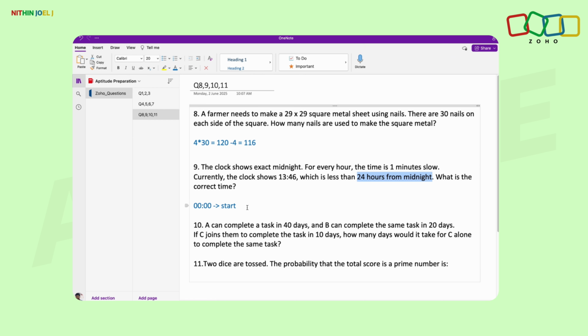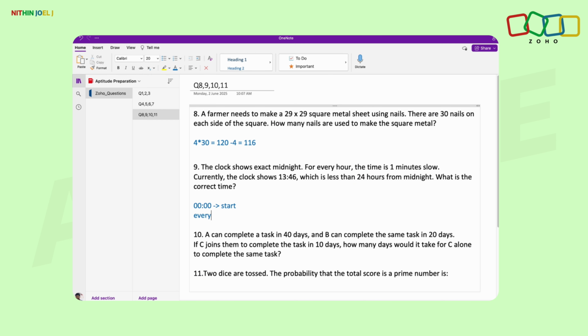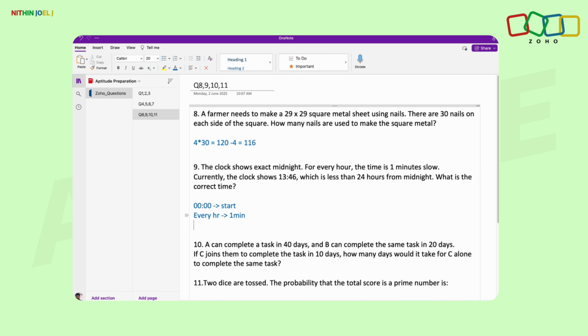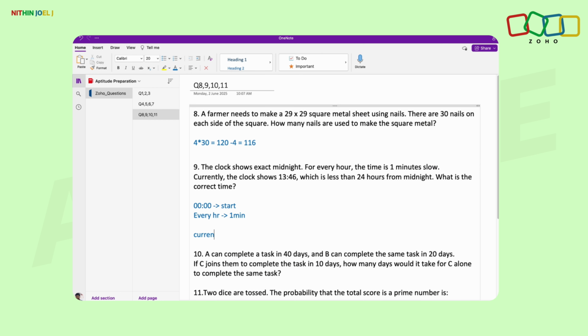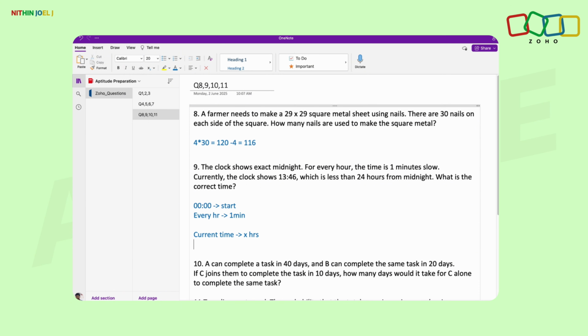So now let's consider, for every hour it's been showing 1 minute slow, right? Now let's consider current time is x hours. So now we have to convert this x hours into minutes.